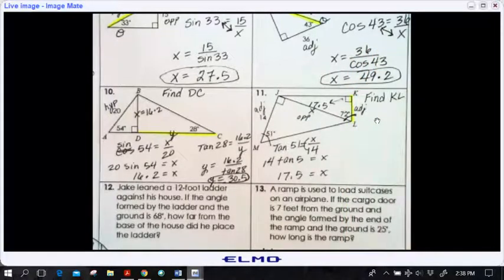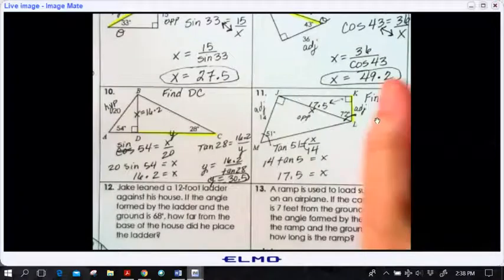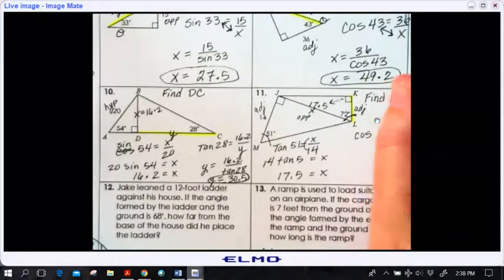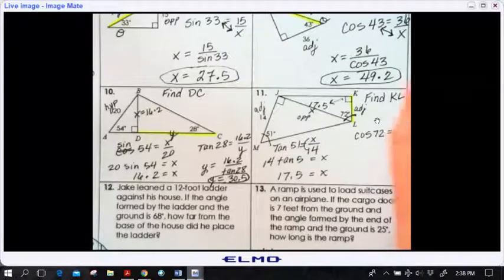So I have adjacent and I have hypotenuse, so I'm going to use cosine. Cosine of 72 equals the adjacent over the hypotenuse.